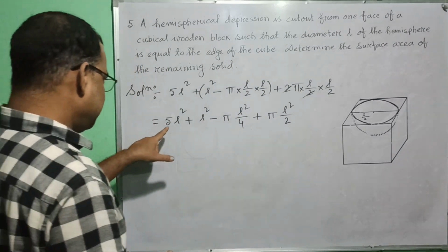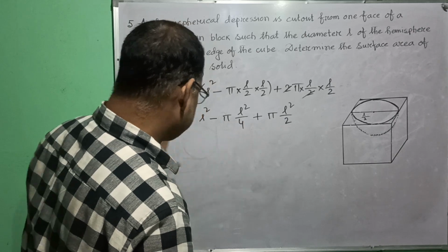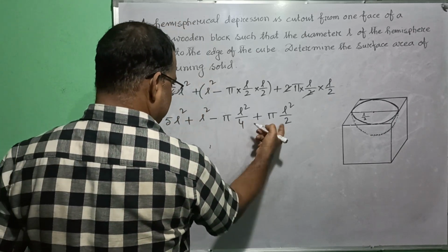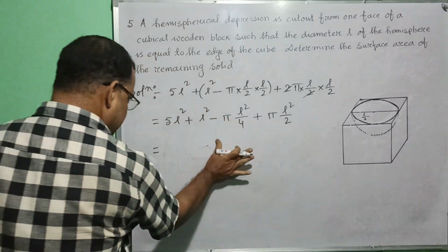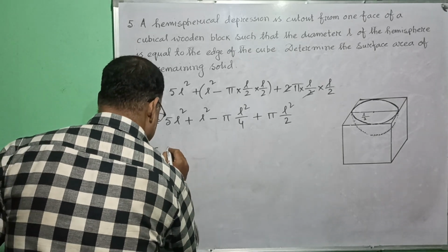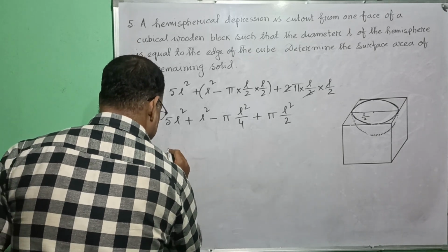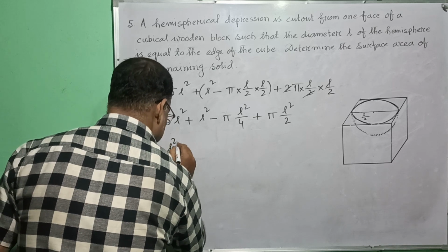Now it is clear that L square is common in all 4 terms, 1, 2, 3, 4. So we can take L square as common.